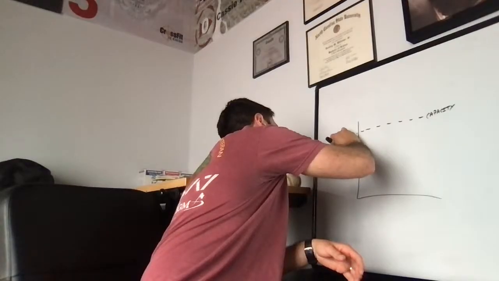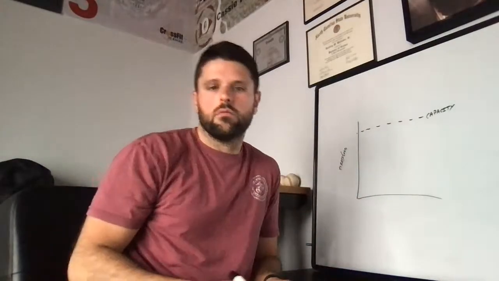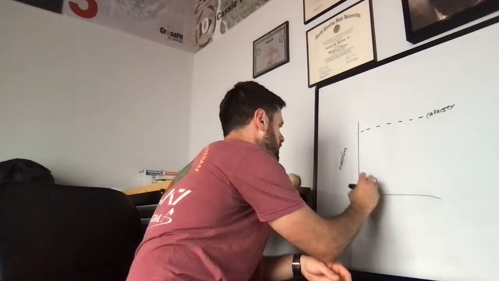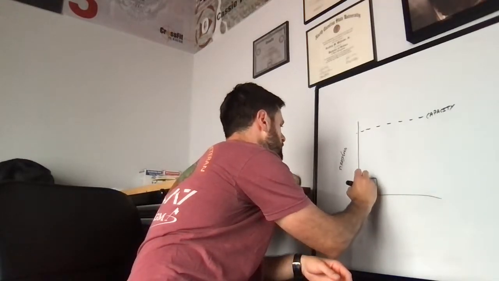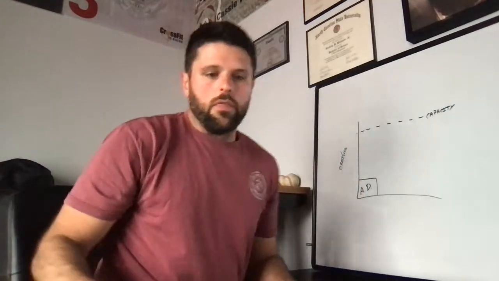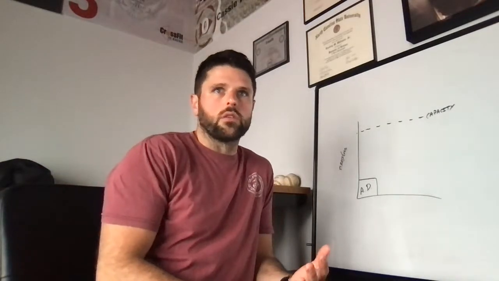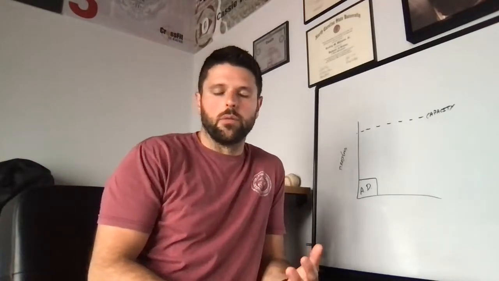We're going to break these down piece by piece. So this first one on the bottom here is going to be our anatomical dysfunction. This is parts of the body that do not support you the way that you need them to.